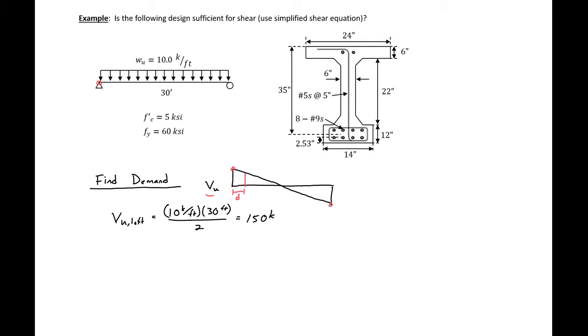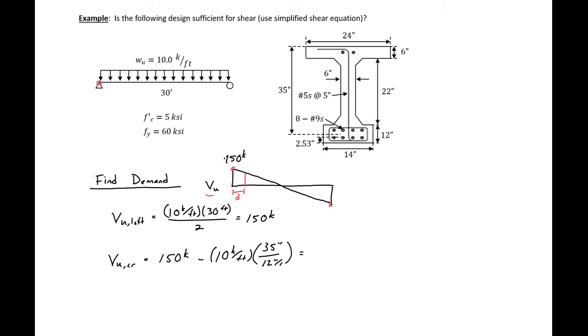So our VU critical, which is what we'll compare to, is 150 kips, which is our shear demand at the end of the beam, minus our 10 kips per foot, so the slope of our shear diagram, times D, so 35 inches divided by 12 inches per foot to get our units consistent.